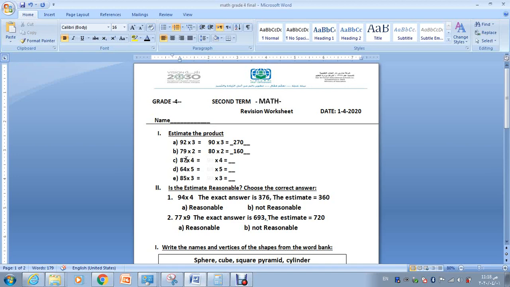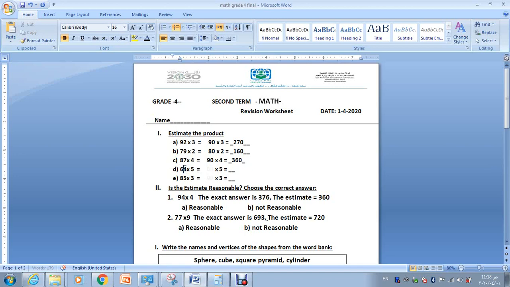87 times 4, it's made up of 7 next to 8, so 7 is team up, it will round the 87 into 90, round it up, and 90 times 4 equals 360. How? 9 times 4 equals 36, and the 0 will go down. 64 times 5. 4 is team up or down?